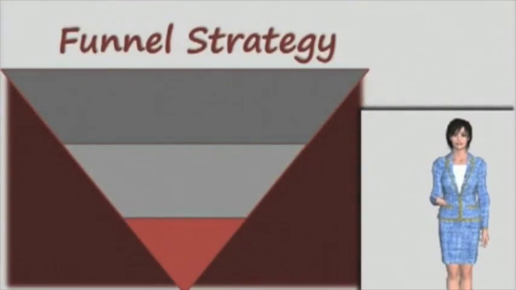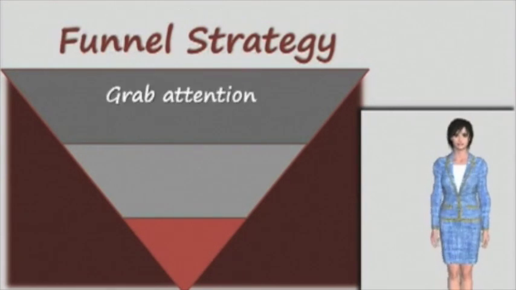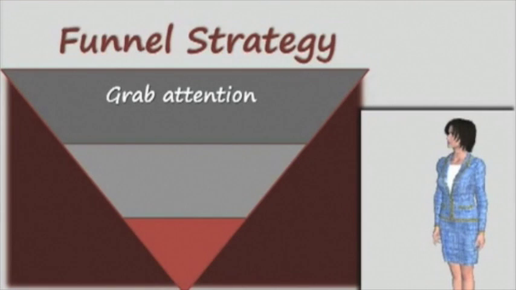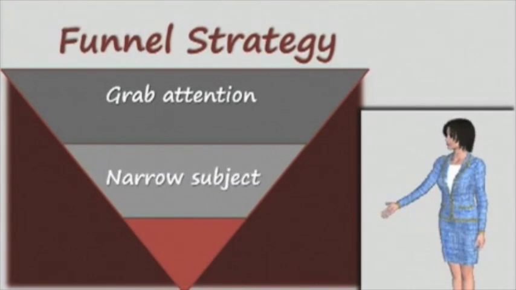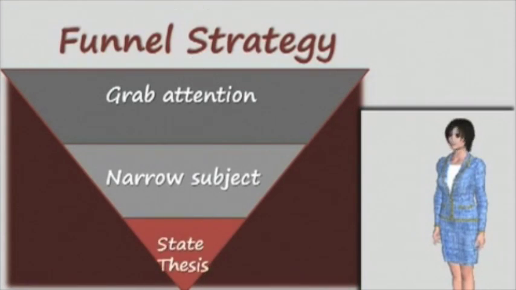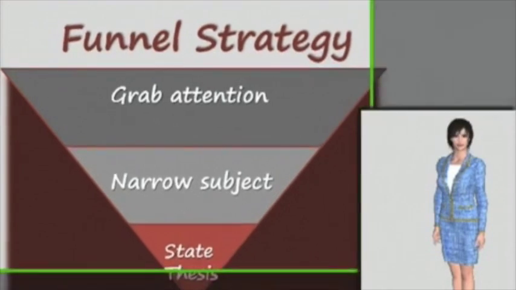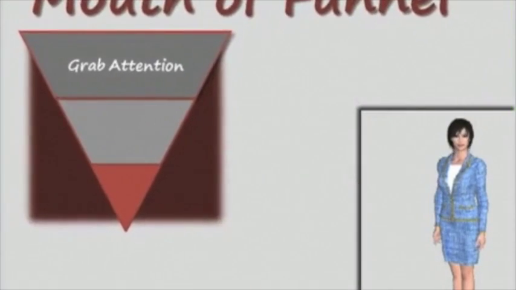A common way to construct your introduction is by using the funnel approach. At the beginning, you grab the reader's attention, showing that you, the writer, will be in control. In the middle portion of the funnel, you gradually narrow the reader's focus in preparation for the thesis, which is stated at the end or tip of the funnel. Let's take a closer look at each part.